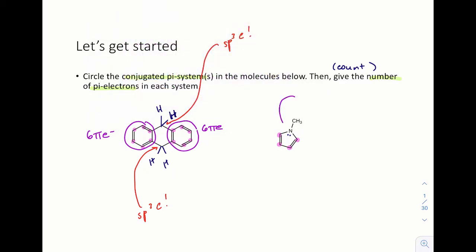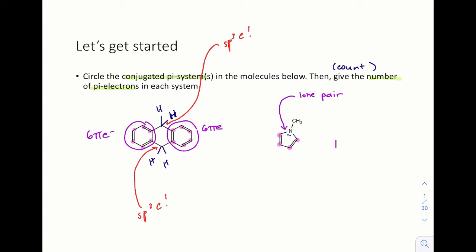Hopefully alarm bells are going off in your head. There's a lone pair of electrons adjacent to pi orbitals. What does that mean? Well, that means that if this lone pair is in a p orbital, it can be shared among all the atoms in the ring. In other words, a conjugated pi system could be formed.